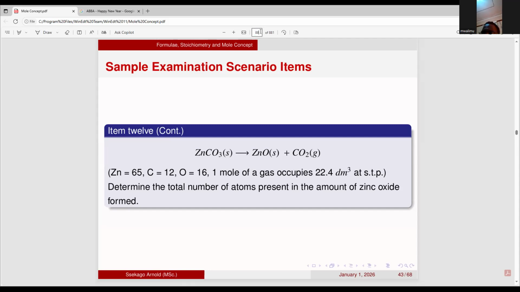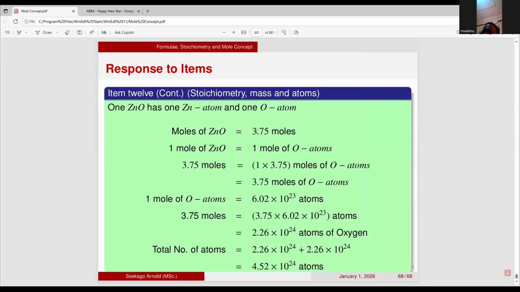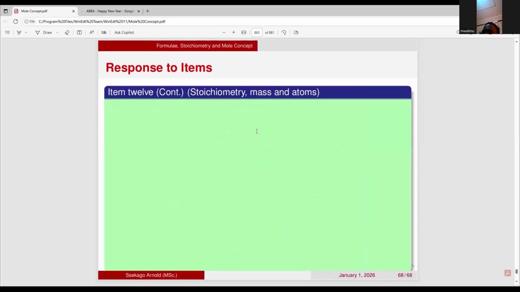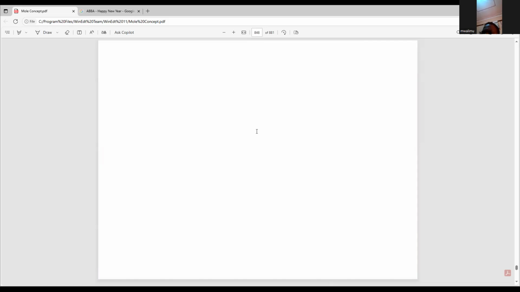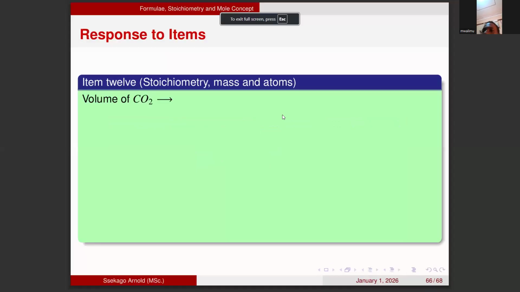Let me go to my response. So my response is here. What are we given? In this case, we are given the volume of carbon dioxide.